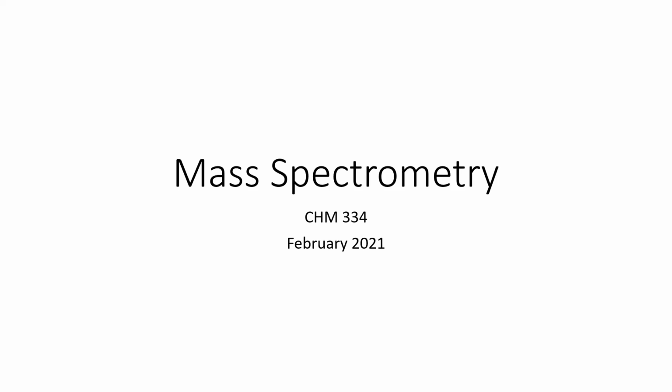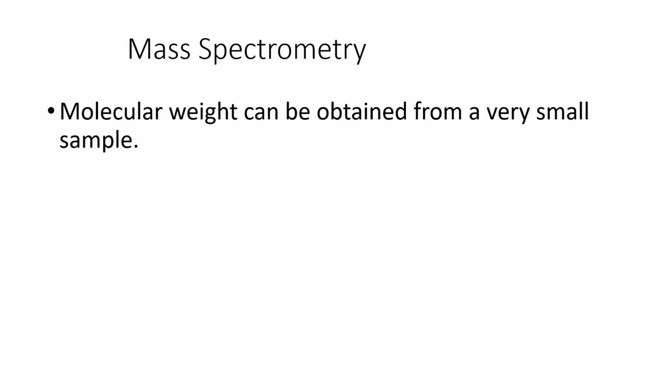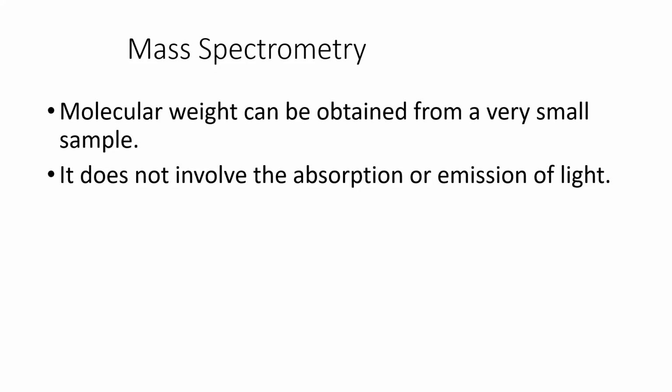But for today, we are having an introduction to mass spectrometry, a tool for the elucidation of structures of organic compounds. When we talk about mass spectrometry, we know that from the name, mass has to do with weight. In mass spectrometry, the molecular weight of organic compounds can be obtained from very, very small samples.